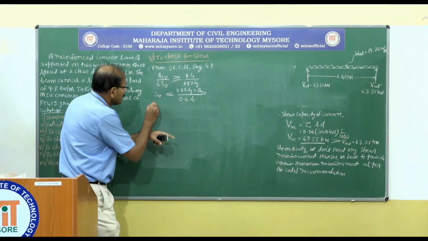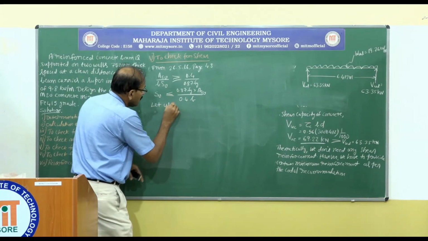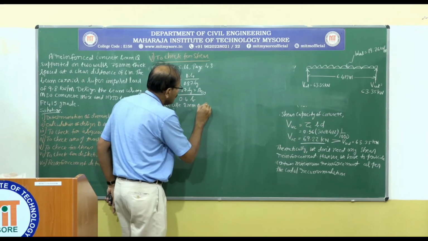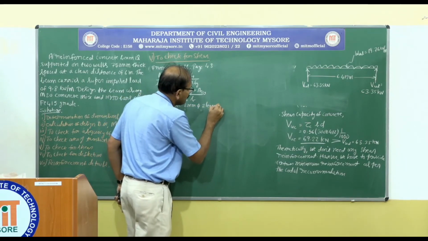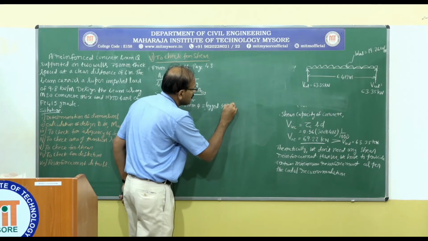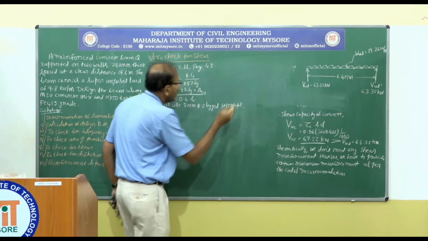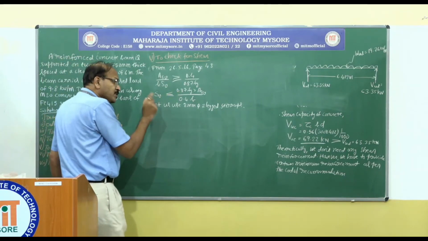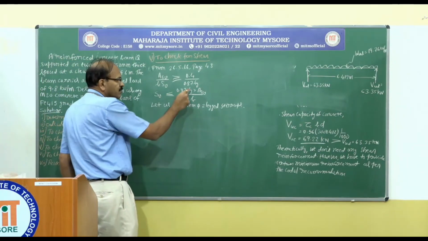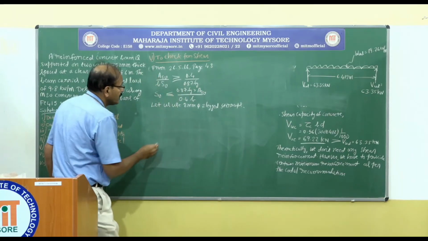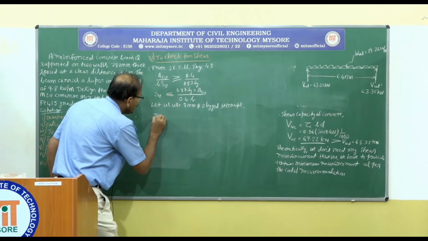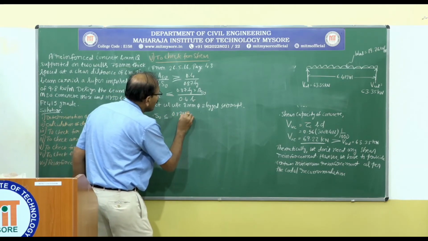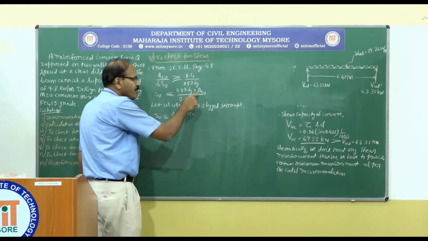So let us use 8 mm dia 2-legged stirrups. By substituting the area of cross section of the stirrups in this equation, we get SV should be less than or equal to 0.87 into 415 into ASV.